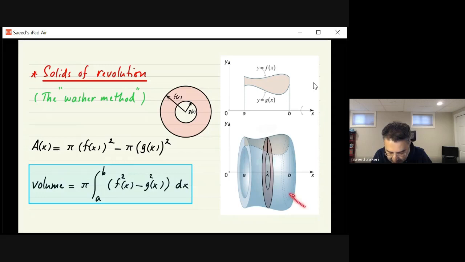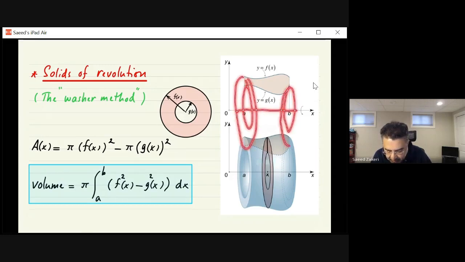Down here is an attempt to visualize what happens when you take this region and rotate it around this line. You get a solid which now has a cavity inside. As you can see, there is a hole inside now because of this area. So your region has some distance to the axis of rotation. When you rotate it, it's not leaning against the x-axis, so you get some cavity in the middle.